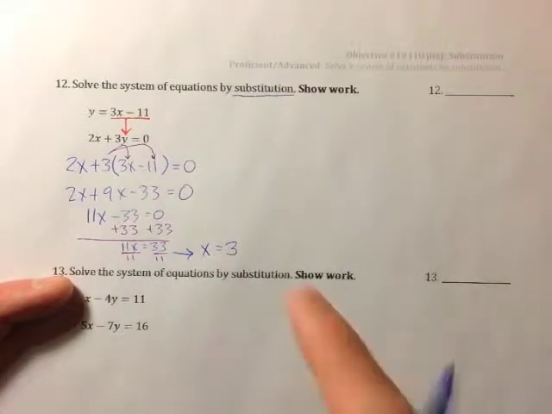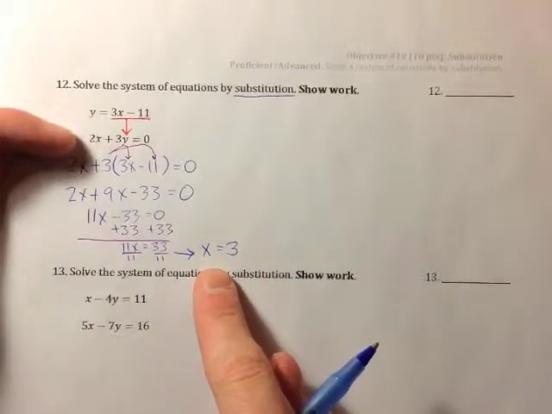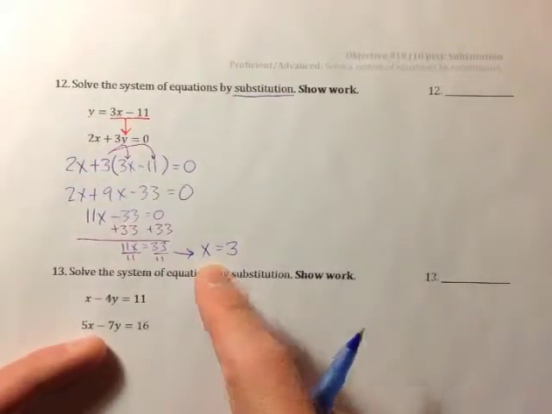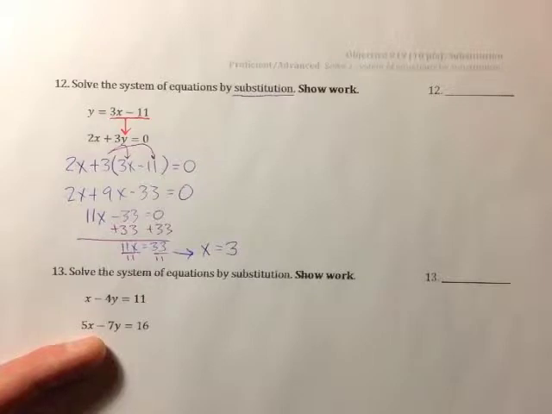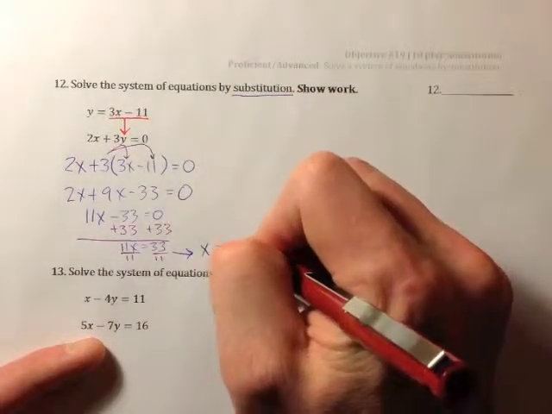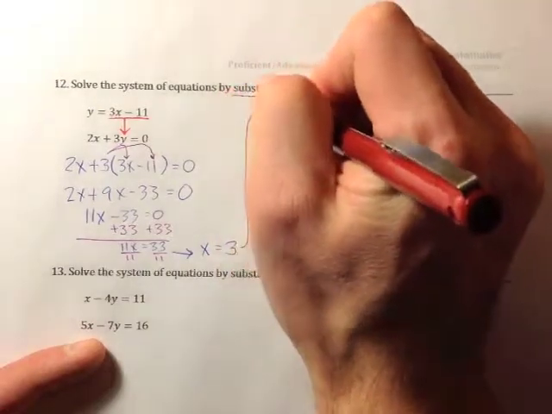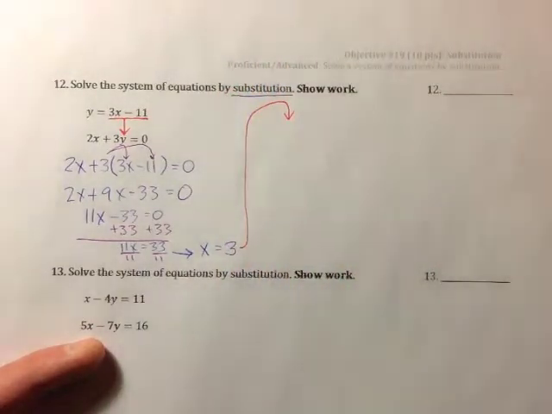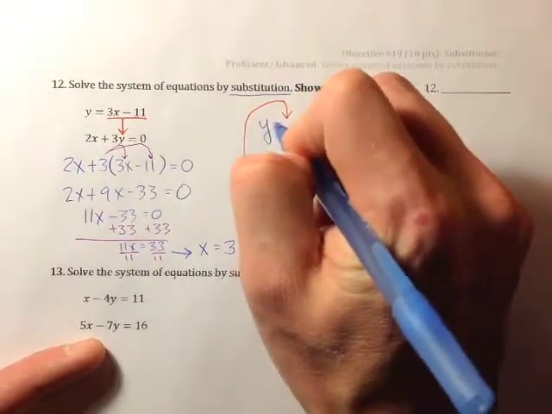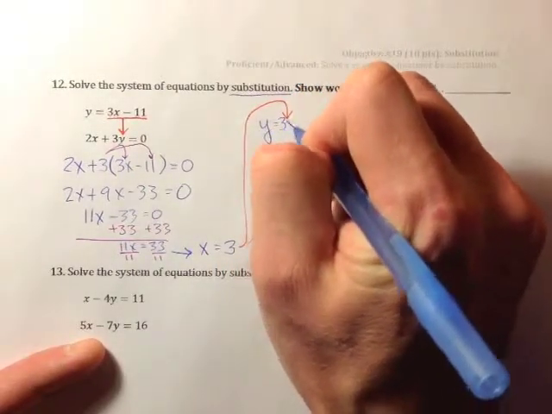We found the value of x that will make both equations true at the same time. Now we need to find the value of y. So we're going to take this value for x and stick it into the first equation. We can plug it into either equation that we want, but the first equation is already solved for y.